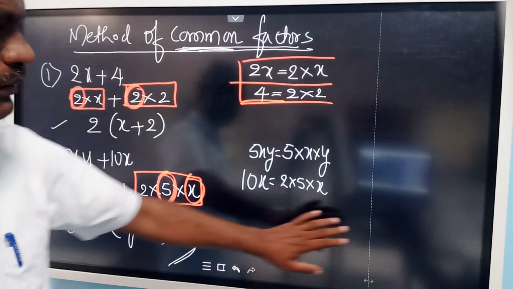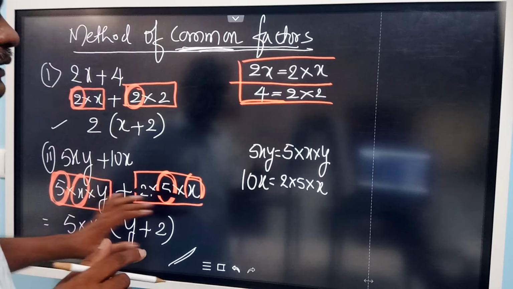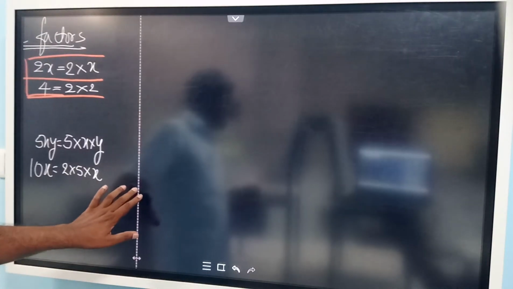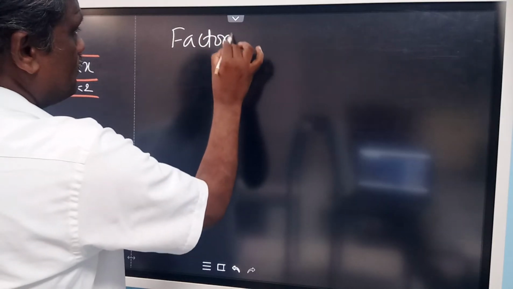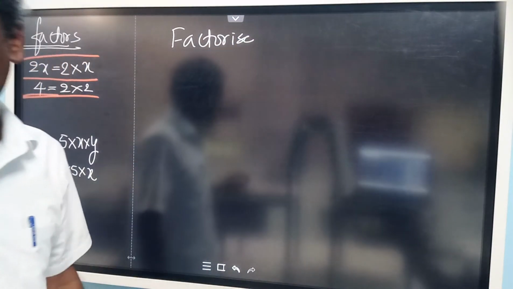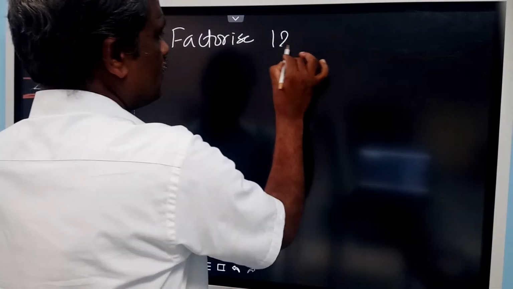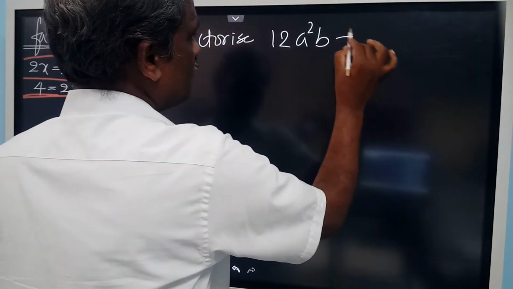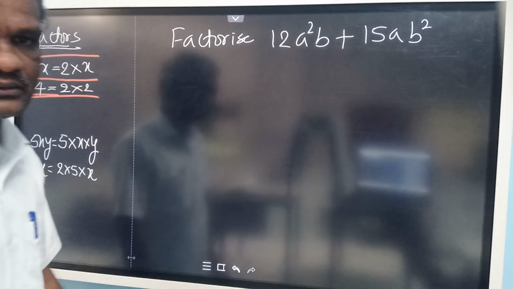Okay, so now we will take one more question. Another example. Factorize 12a square b plus 15ab square. We need to factorize this.